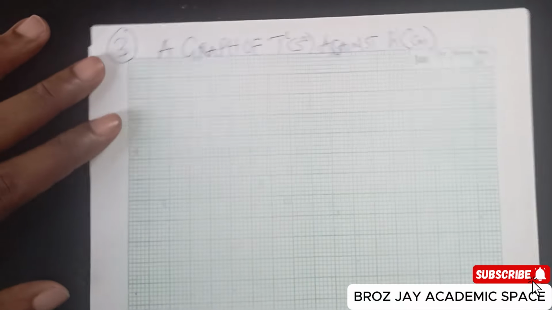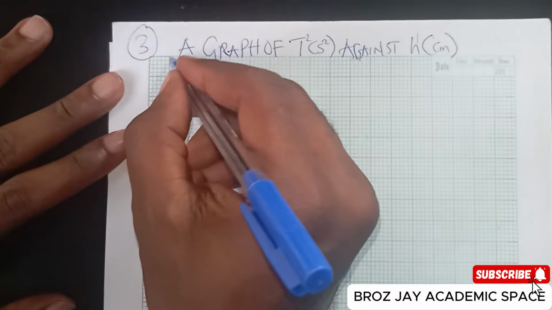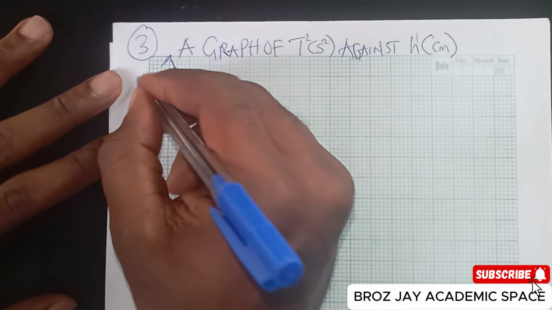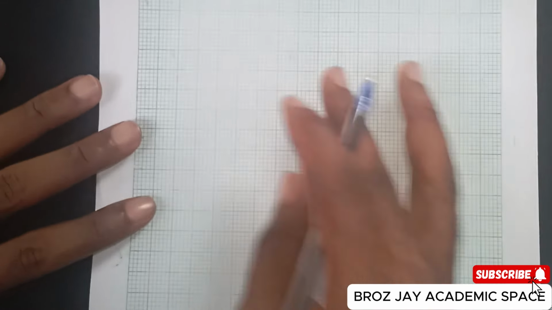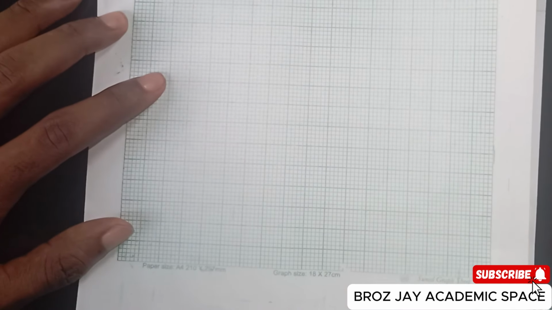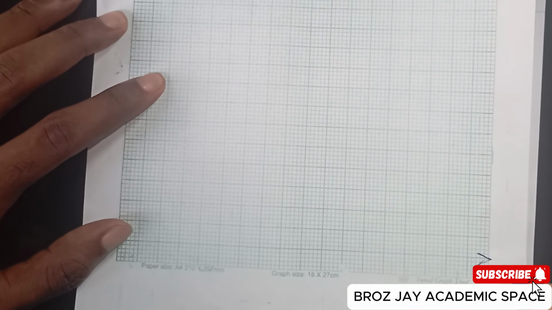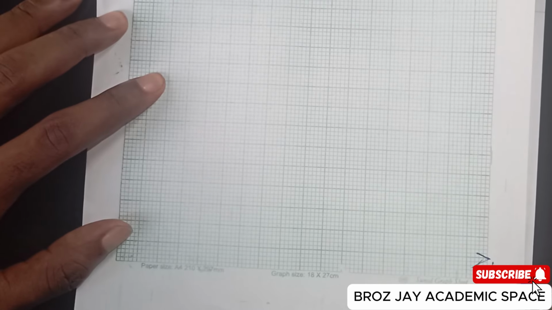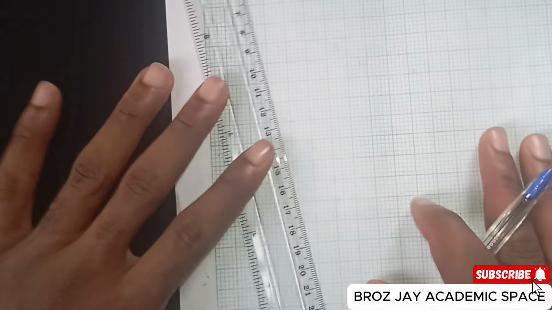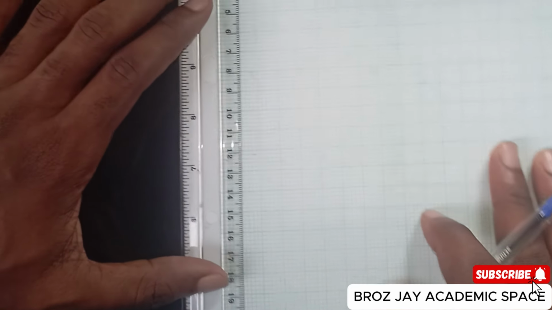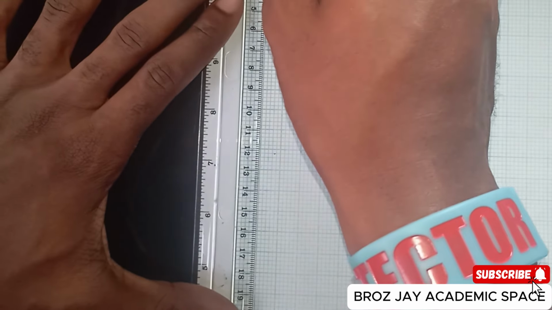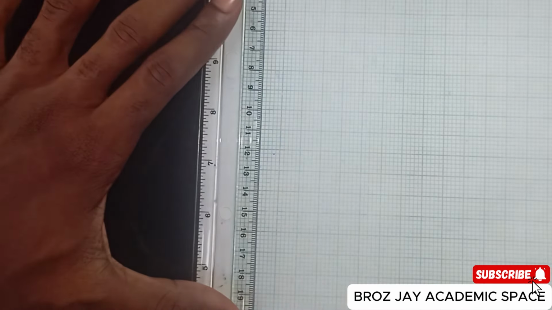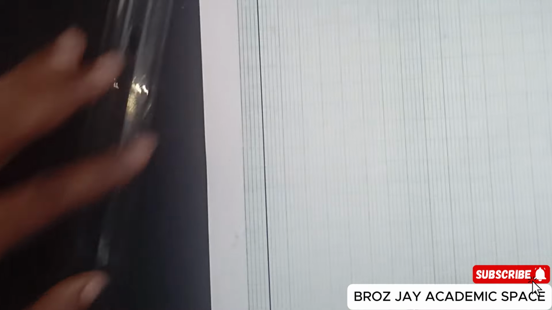Now, you all know that our vertical axis is t square, second square, and our horizontal axis is h in centimeter. So let's pick our ruler and draw a straight line to form our vertical and horizontal axes.